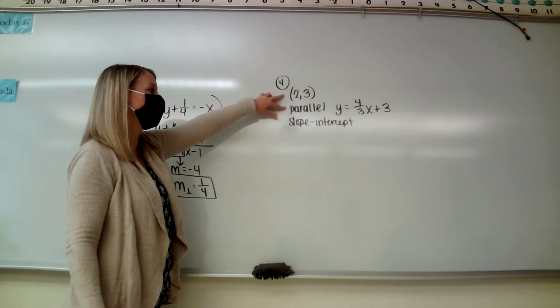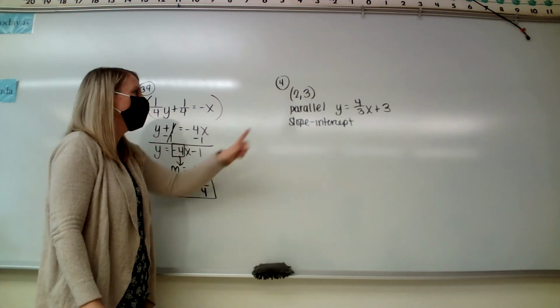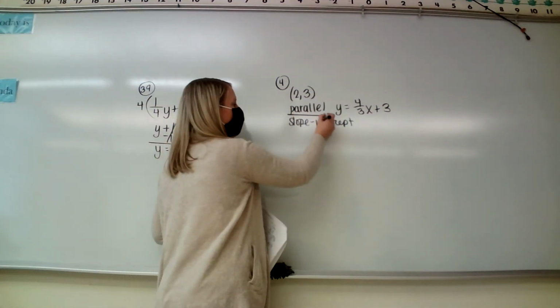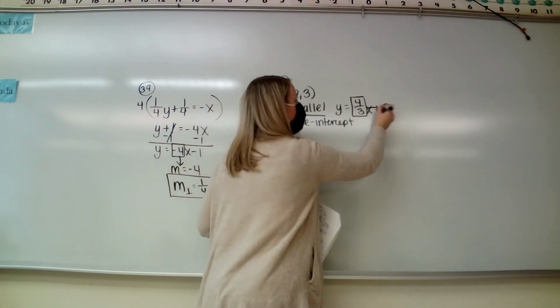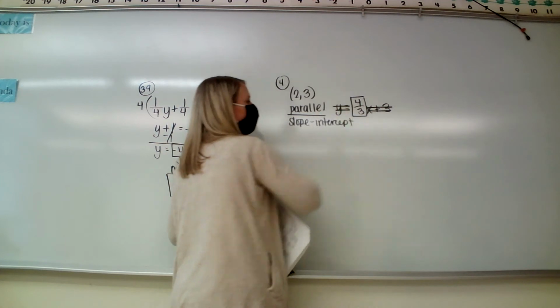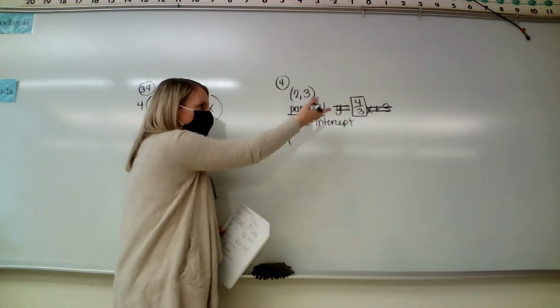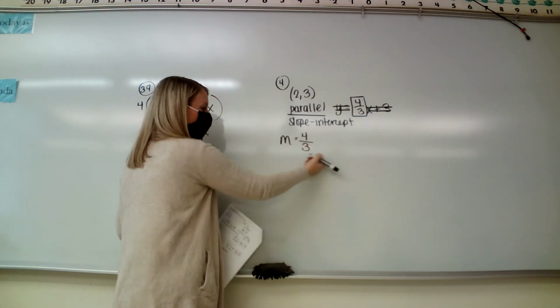It'll give you information, it will tell you what form to put it in, and you just put everything together. So the point's the point. When I say parallel, I find the slope of this. I can see it right here. I don't care about any of this other information. So the parallel slope, or you can just write m, is the same as that. So the slope I'm using is 4/3.